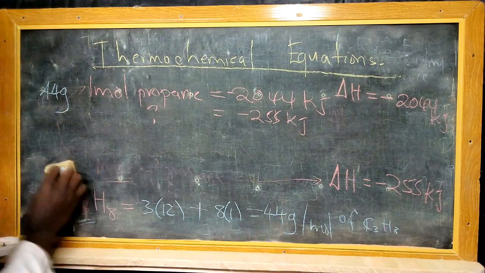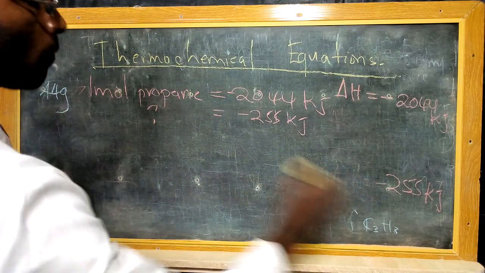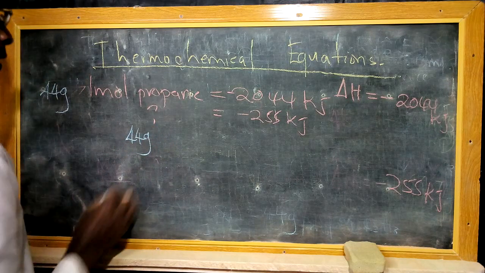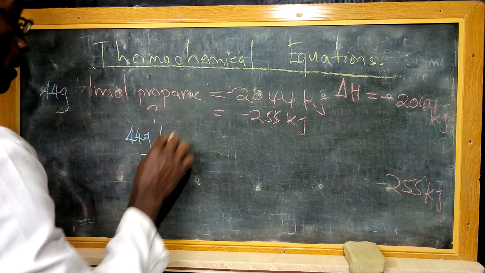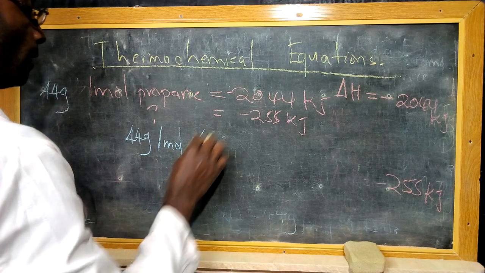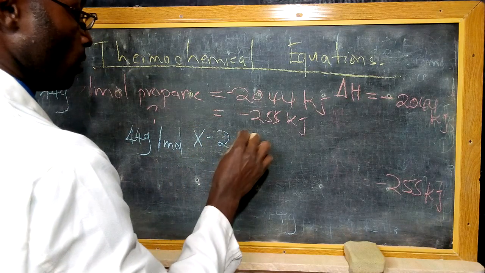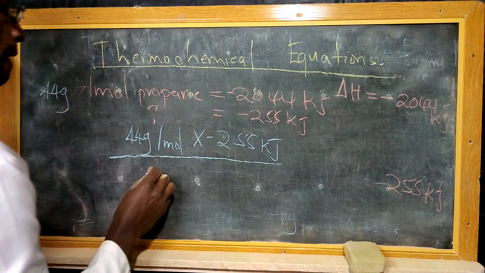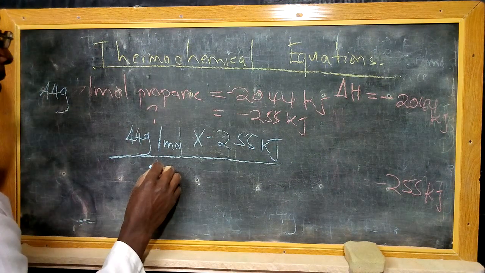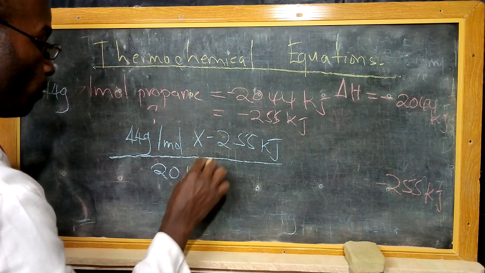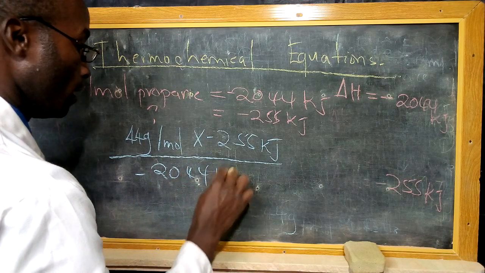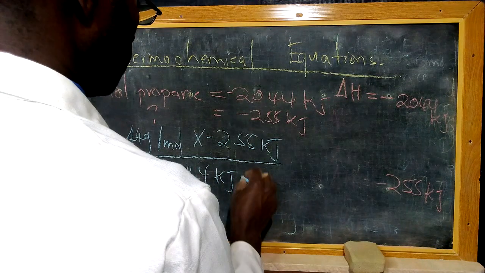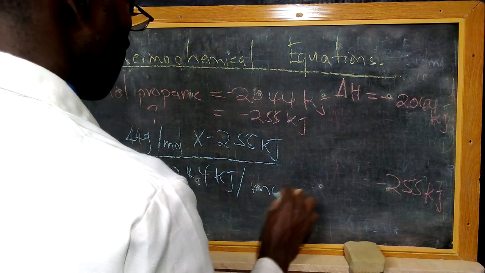So for this case, we shall do a cross multiplication to find that. We shall write 44 grams per mole, times negative 255 kilojoules, divided by negative 2044 kilojoules per mole.